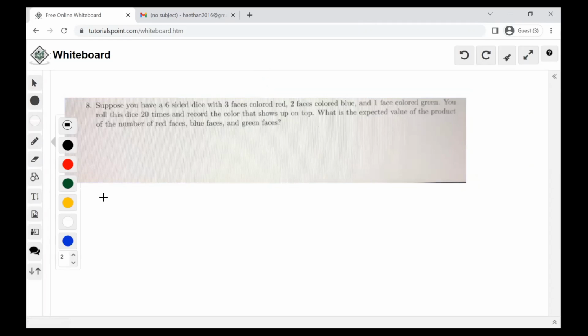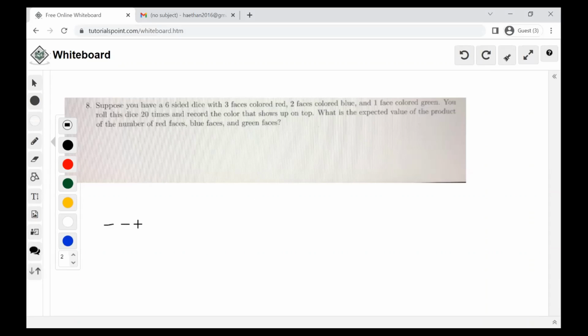The way we're going to do this is, let's consider what it means to take the product of the number of red, blue, and green faces, right?